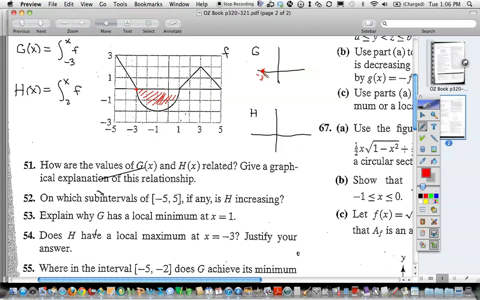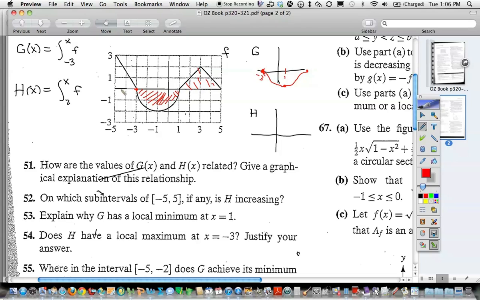It's going to be going down steeper, and then it starts coming down less steep. And then what happens right here to my area at 1? I start picking up positive area. So this has to bottom out right here, right? Now I'm going to start picking up positive area, and it goes up, but I'm picking up some positive area till there.